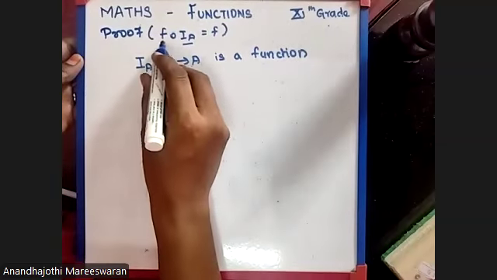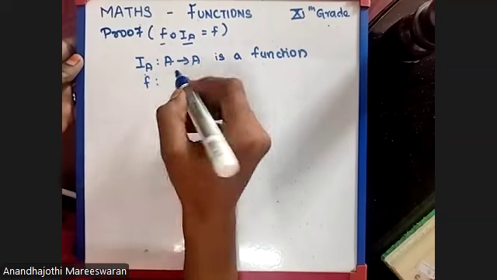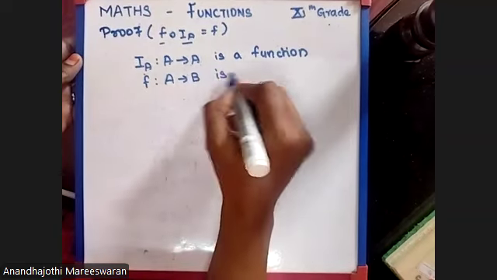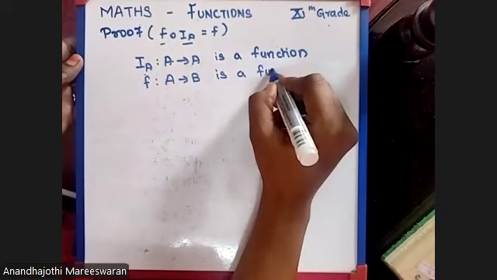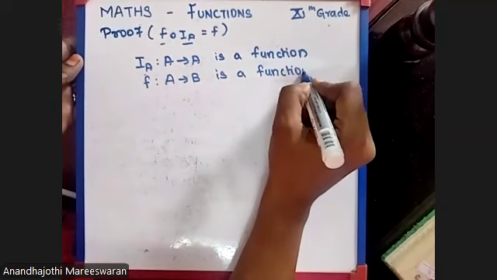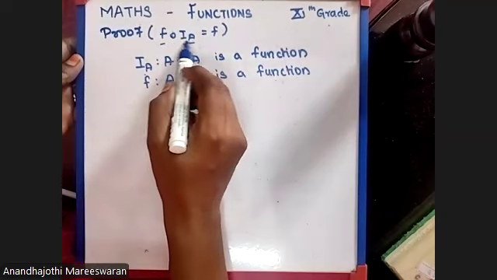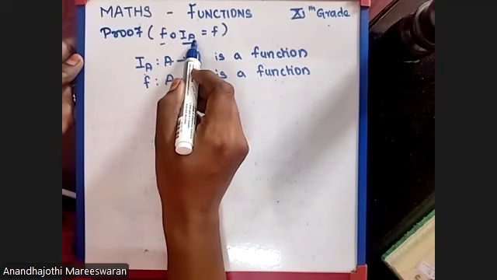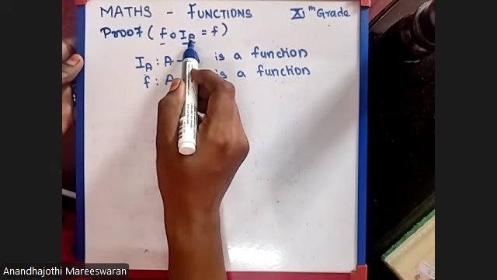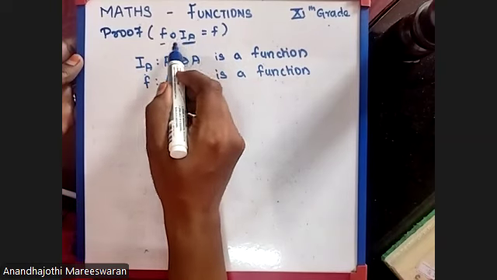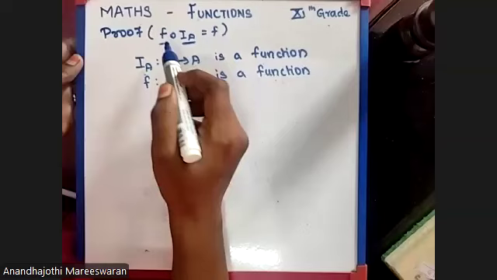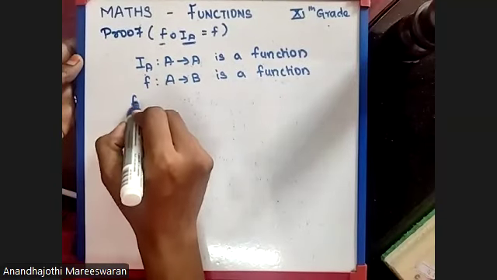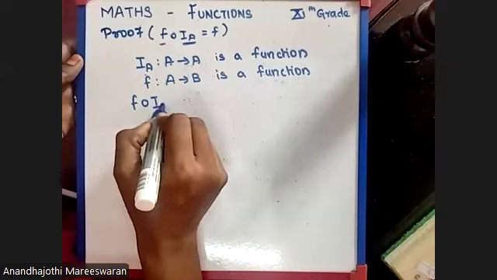And F, they have already given. F maps A to B is a function. Why should I write IA first? While solving these kinds of sums, we have to take it from the right hand side, so I take IA first and I put F after. Then what will be F circle IA?